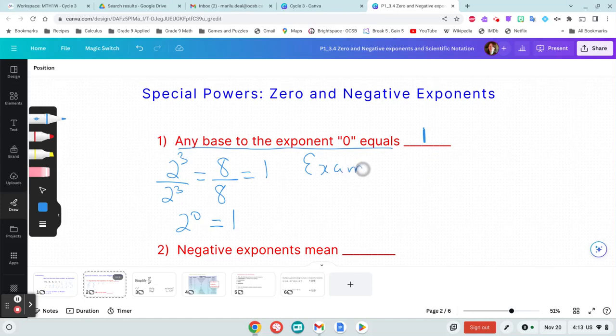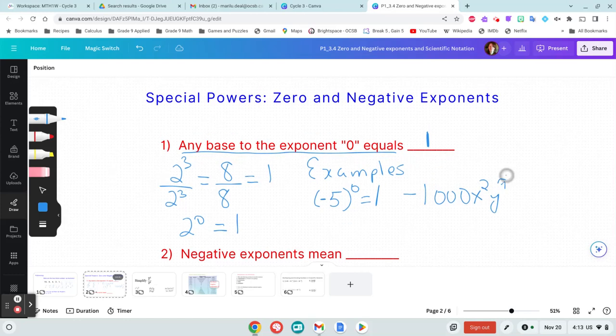So in the box that says examples, let's look at some. If I have negative 5 to the power of 0, I get a value of 1. If I have negative 1,000 x squared y to the 97, and the whole thing is to the power of 0, guess what?